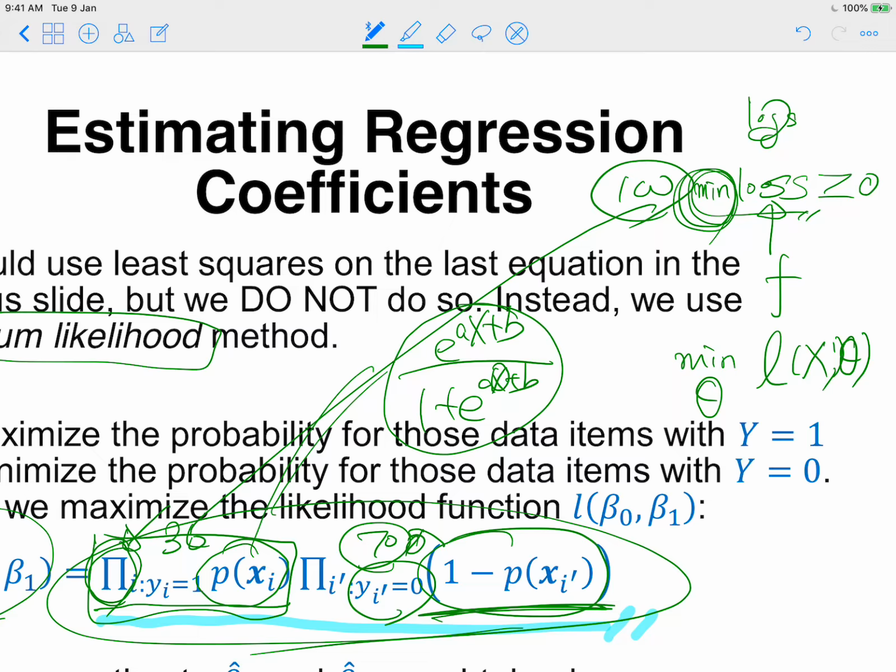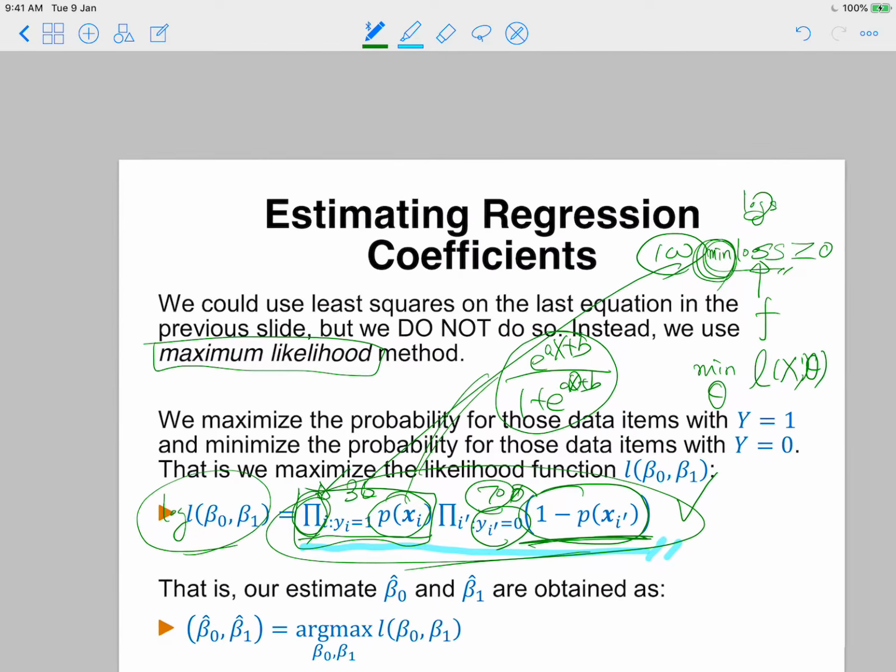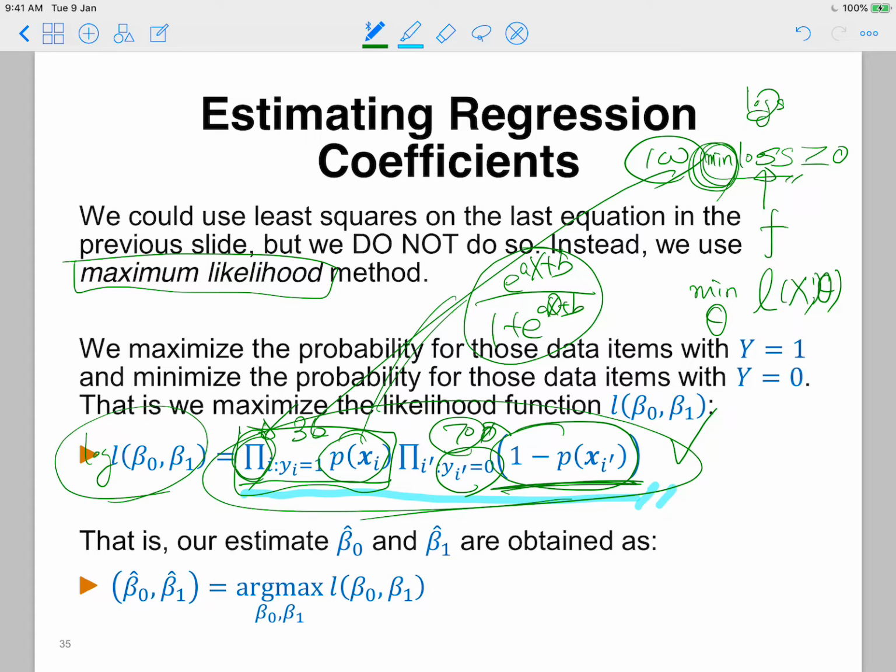Here, in the case of logistic regression, in this slide we consider maximum likelihood. So we understand this as our likelihood that we want to maximize, and in order to consider it as a loss function, we change it into something that we have to minimize.